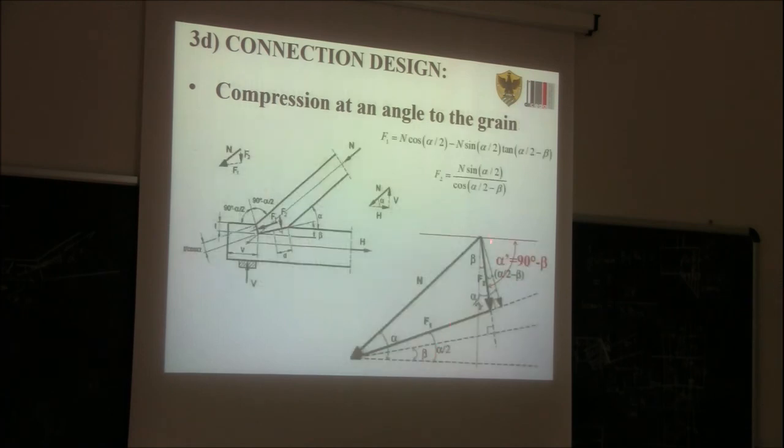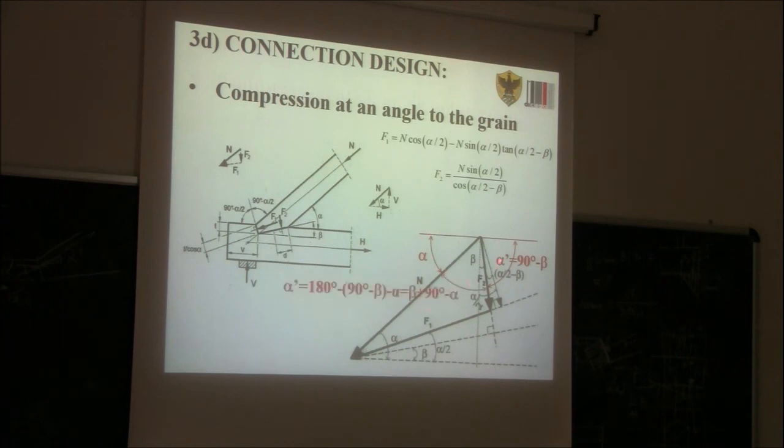So, we are interested in calculating the inclination of this force F2 with respect to the angle of the tie beam. So, with respect to the horizontal. Now, what is the value of this angle here? Well, this value here is, as you can see here, alpha. So, this angle here is alpha.